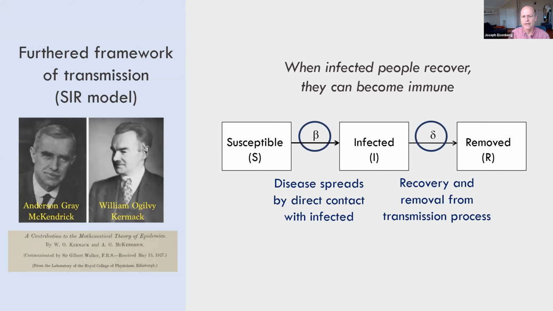And that person will eventually recover from the transmission process. And when they recover, they have conferred immunity, and according to this model, long-term immunity. So this is the basis of the kind of model that we'd be using in studying COVID-19 or other respiratory pathogens.